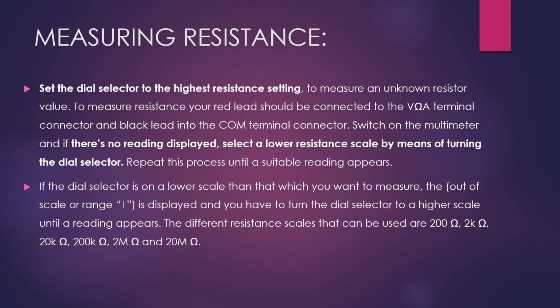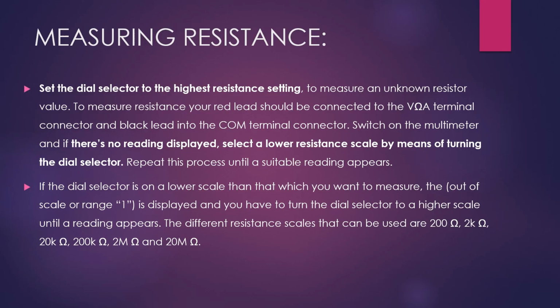You do that until you get the value that is within the range of the scale that you are measuring. Say maybe you are measuring 100 kilo ohms resistance, and on your multimeter there's no 100 kilo ohms, but there's obviously 2 kilo ohms.